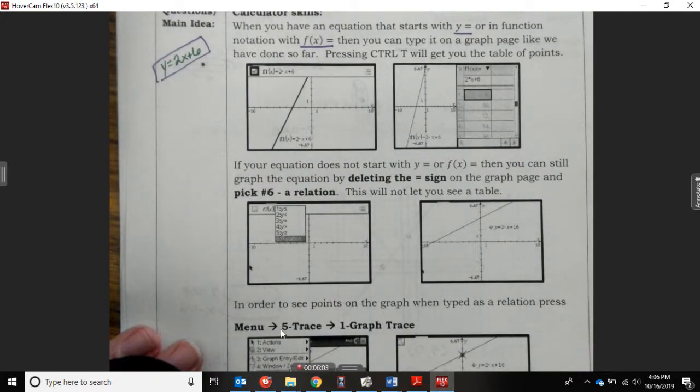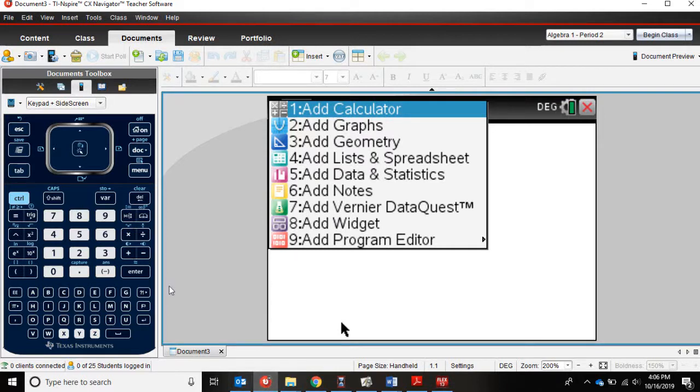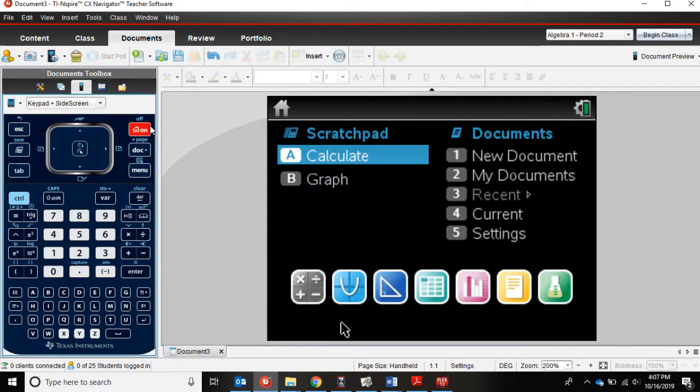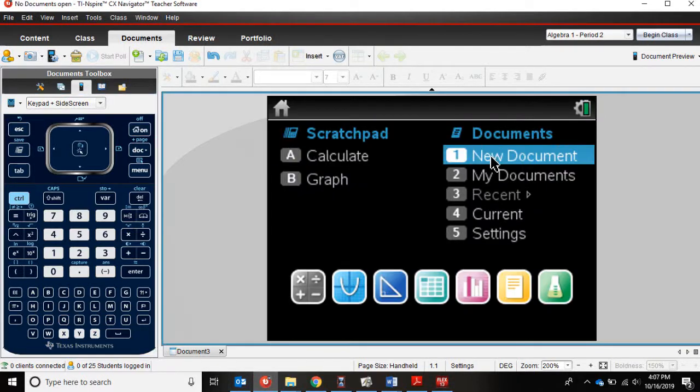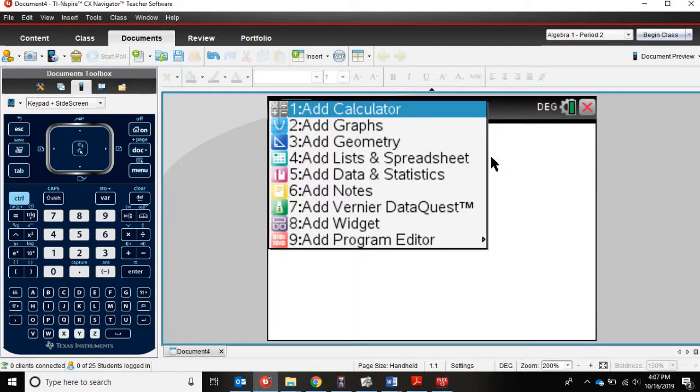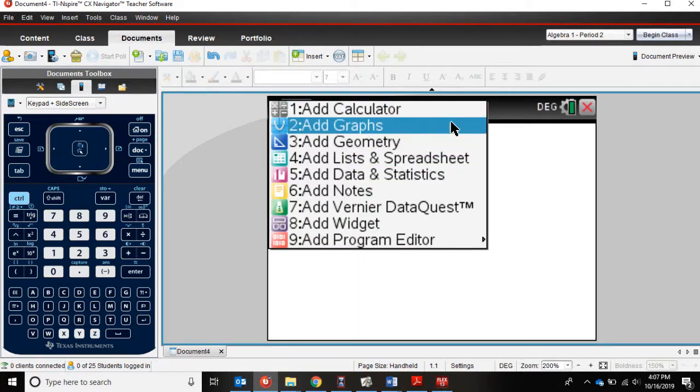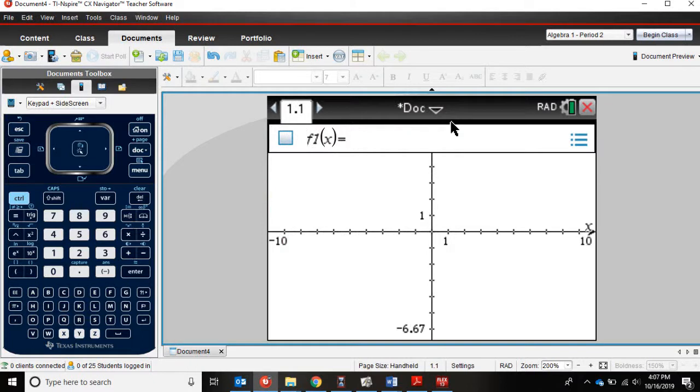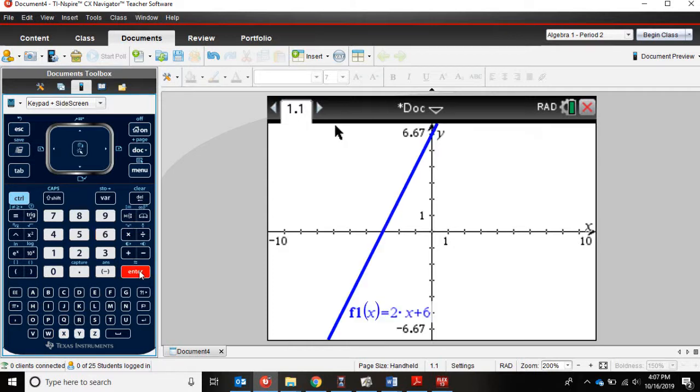And now, let's go to our calculator, push on, pick a new document, so number 1. If it asks you to save, say no, and then we're going to pick a graph page. And since our equation already says y equals, we just have to type 2x plus 6 and press enter.